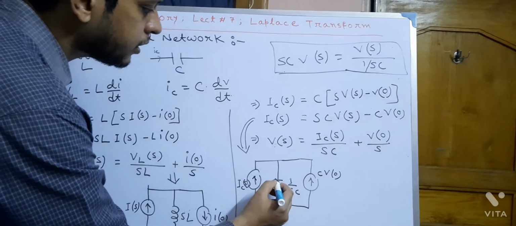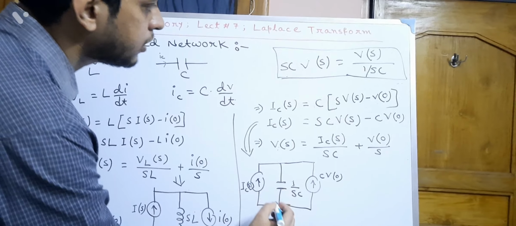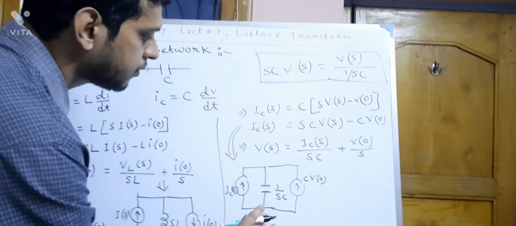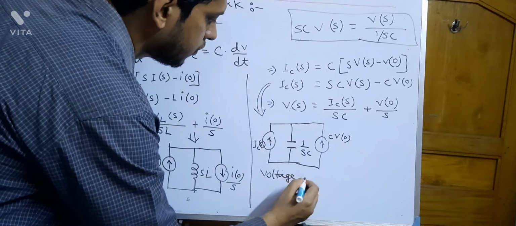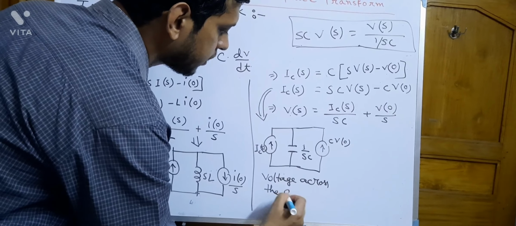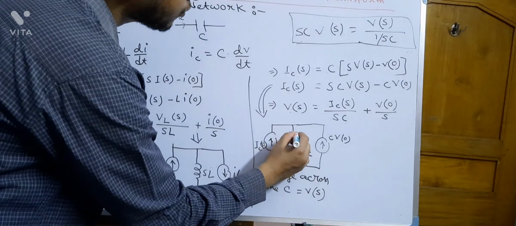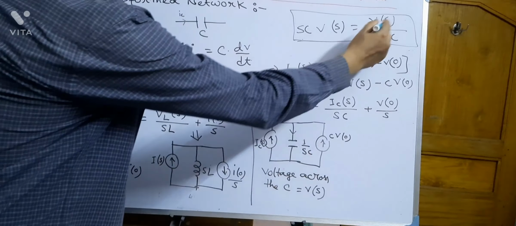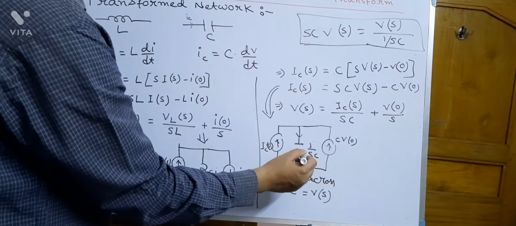So if voltage across the capacitor is Vs, then current through it is Vs by 1 by SC.